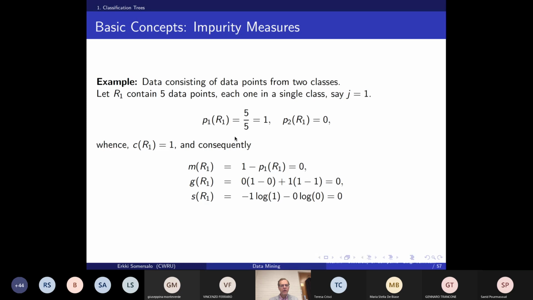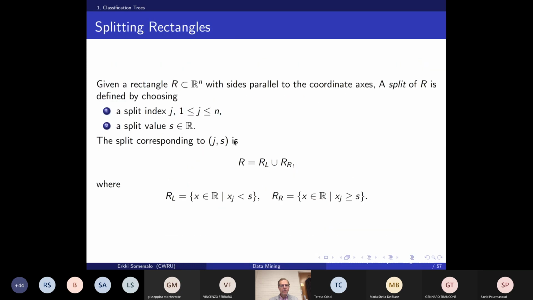So here you have a rectangle, and we always split the rectangle in two, and I'm calling them the left and right rectangle. So I'm choosing one of the attributes j, and then I'm choosing a value s, and then I'm splitting my rectangle in two. So there is the left part where xj is smaller than s, and there's the right part where xj is larger than s.